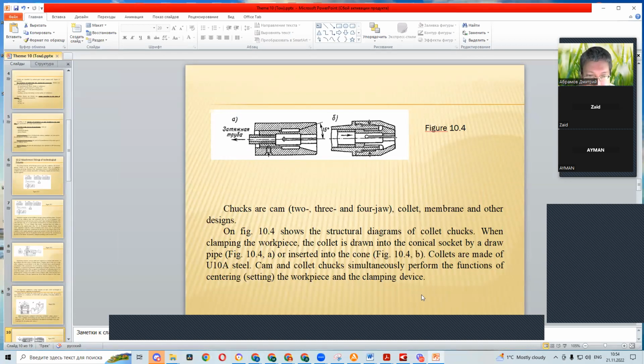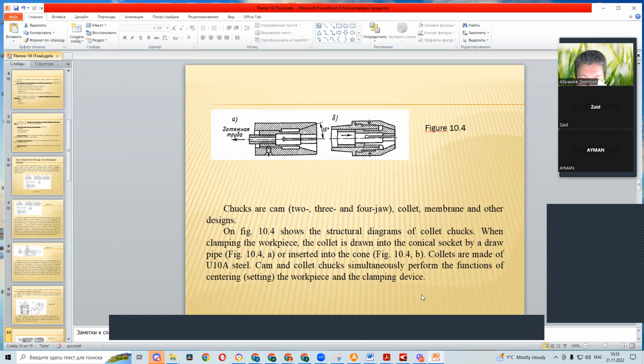So chucks can be 2, 3, and 4 jaw, collet, membrane, and other designs. Figure 10.4 shows the structural diagrams of collet chucks.